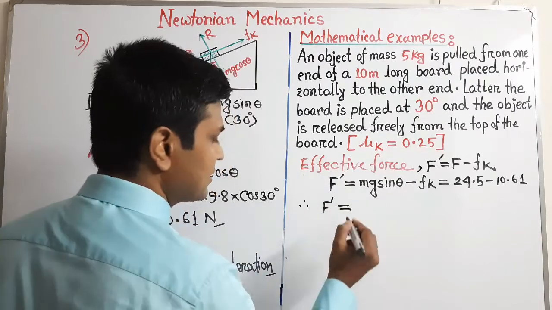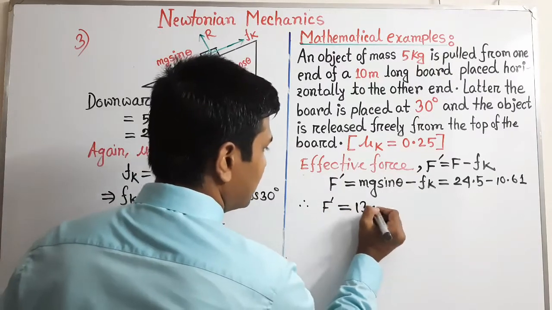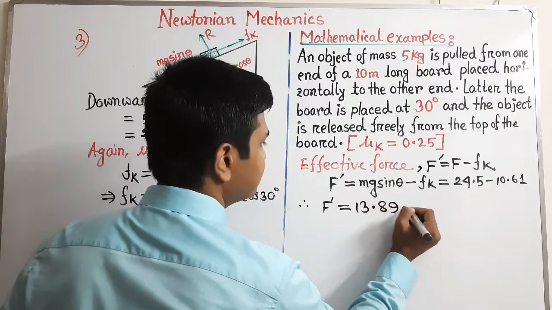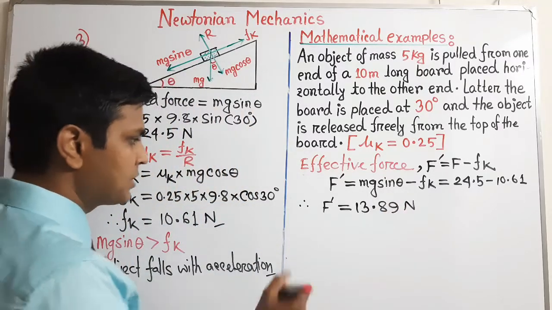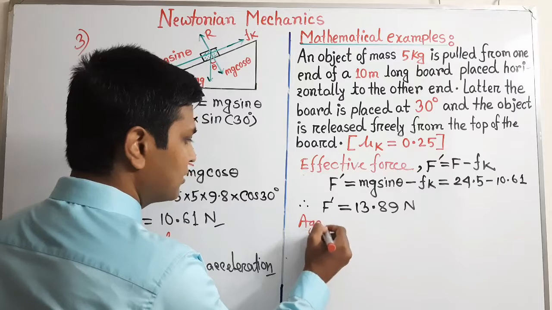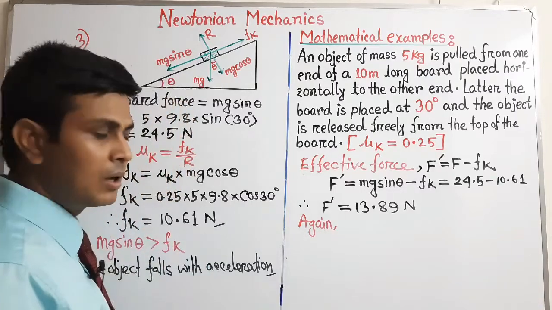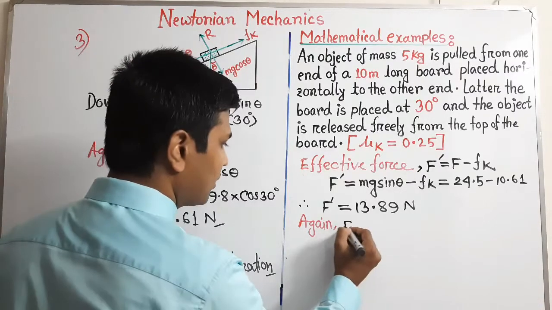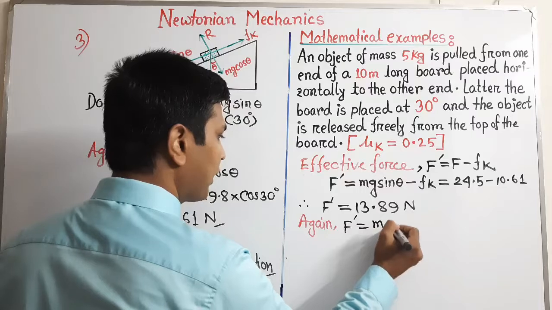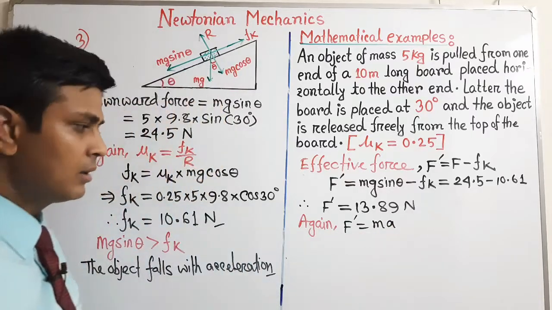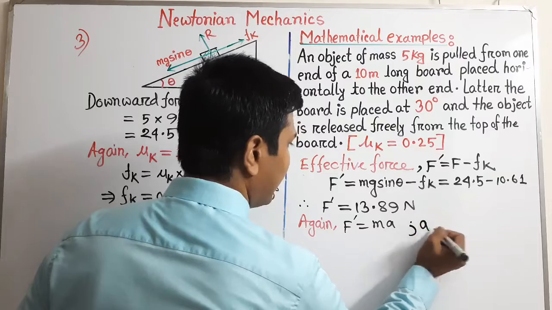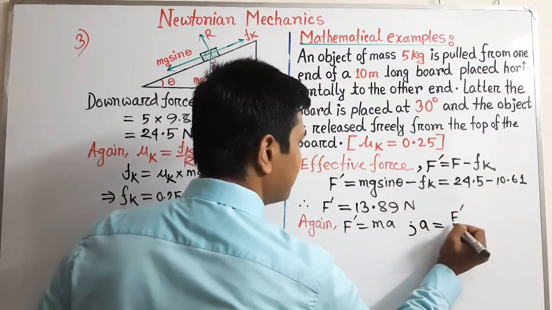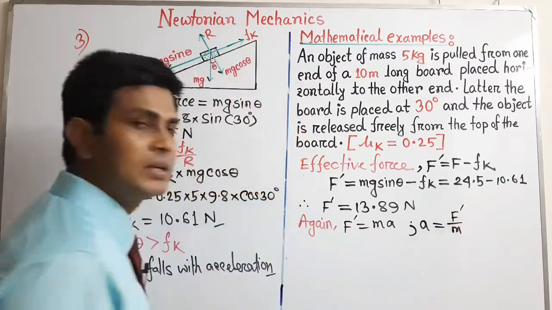Effective force is 13.89 Newton. Now we can calculate the acceleration by using the formula F prime equals ma, so we can write a equals F prime divided by m, right?